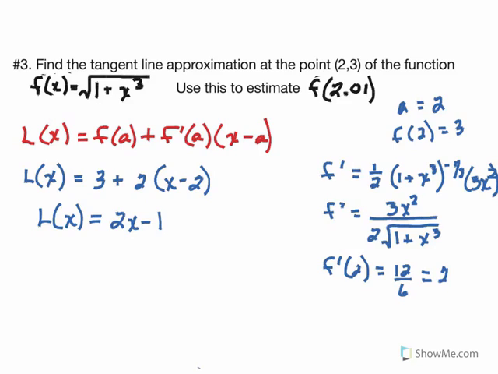Now you do have to be careful how you write this out. We are seeking the function value at 2.01. Remember, that is only going to be approximated by the linearization equation. So using an approximately equal to symbol, either the equal to with the dot over it or the two little squigglies, is a necessity. So remember, it gets substituted into 2x minus 1.